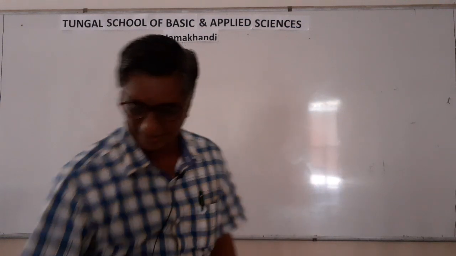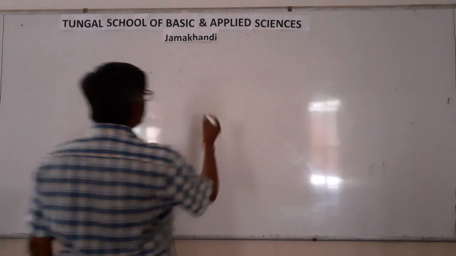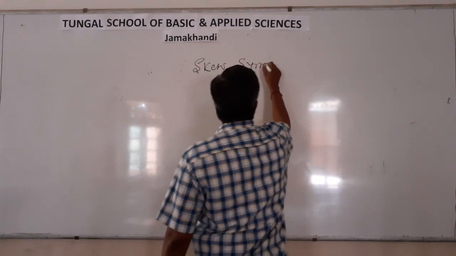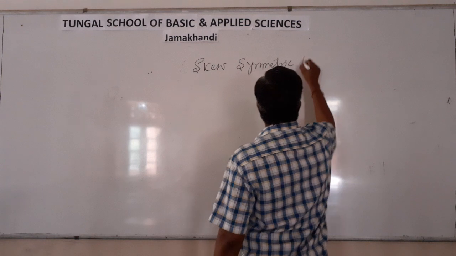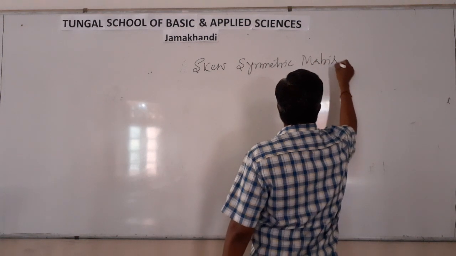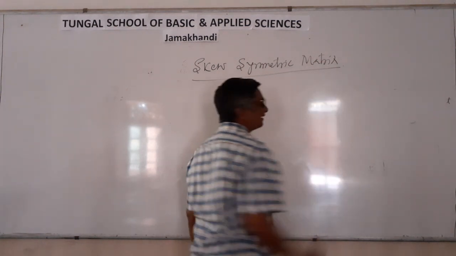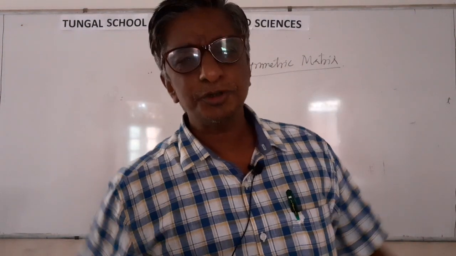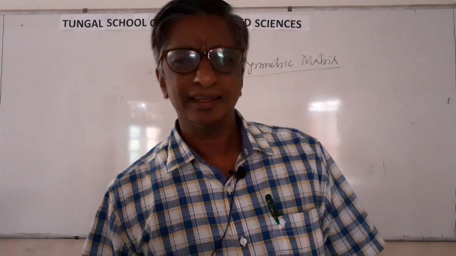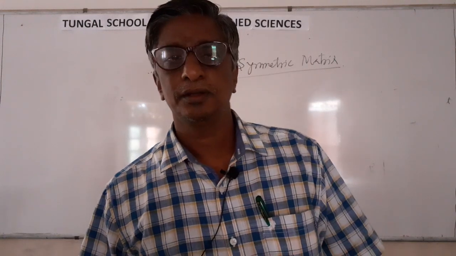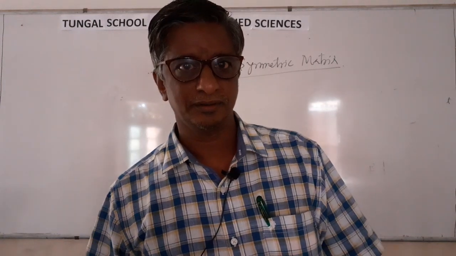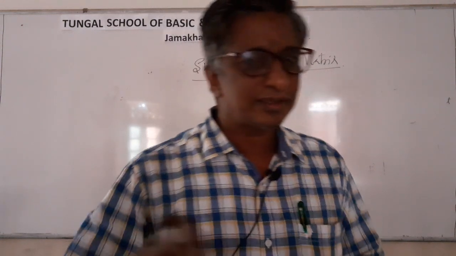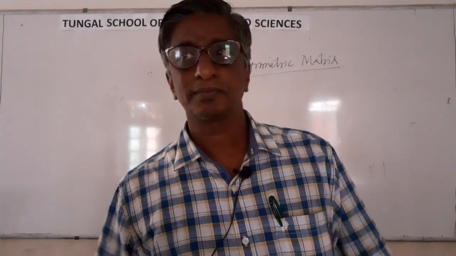Small changes there. Skew symmetric matrix. Skew symmetric matrix means it is a square matrix, and also it is a small change from symmetric.